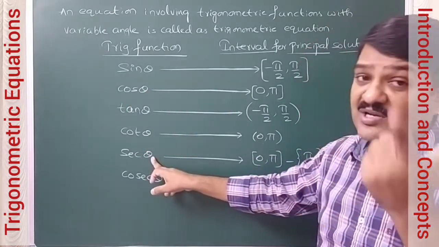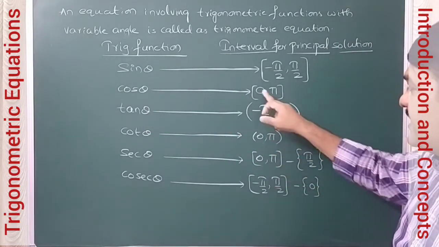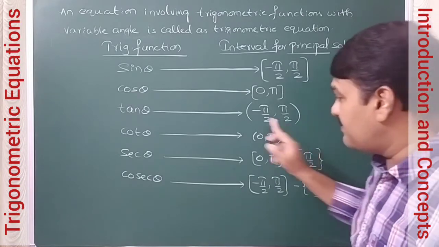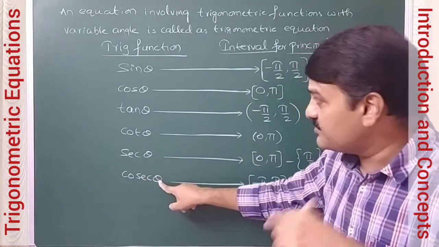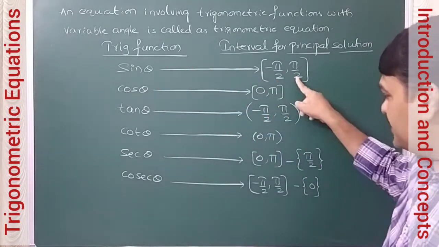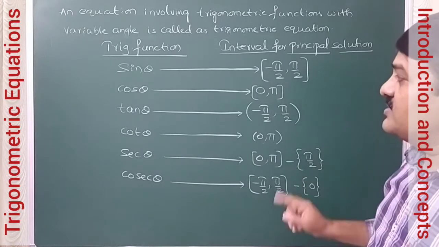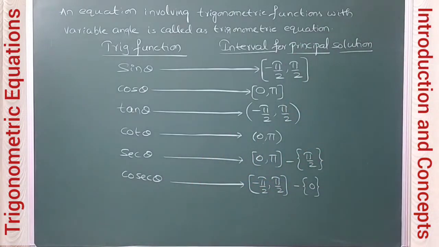Secant is reciprocal of cos. So same as cos, the interval will be taken as 0 to pi closed brackets except pi by 2. At pi by 2 secant is not defined. Cosecant is reciprocal of sine, so same as sine you see. Except 0, because at 0 cosecant theta is not defined. So these are the principal solution intervals that we have to remember.